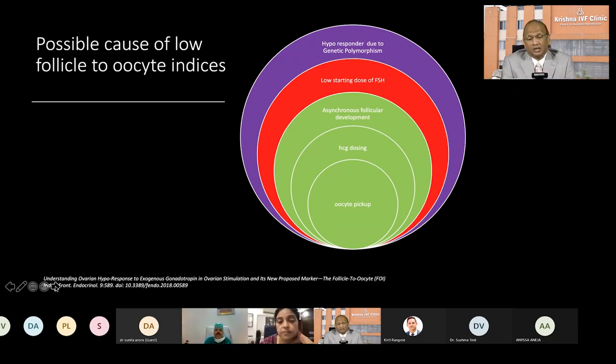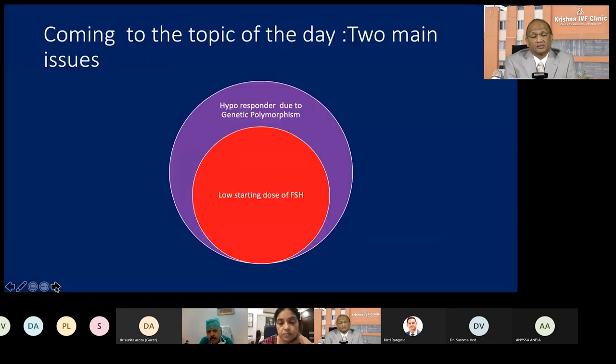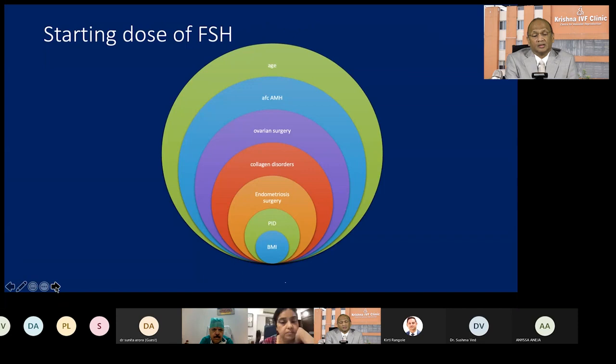In the next 20 minutes, I will be basically dividing 10 minutes into low starting dosage, and we do not standardize the starting dosage. The starting dosage can vary depending on the body mass index, because for obese women the data shows they need a larger amount of gonadotropins, but how often are we standardizing what dose to be given to obese women?